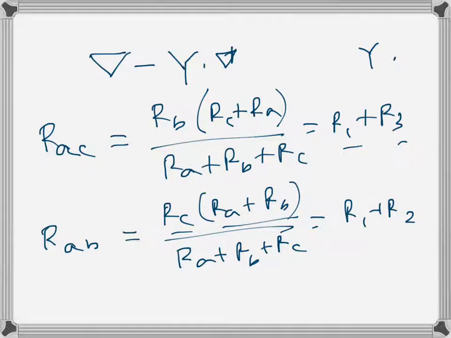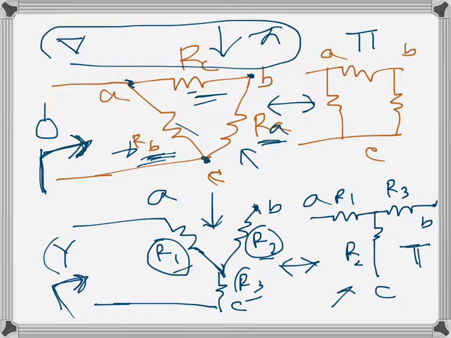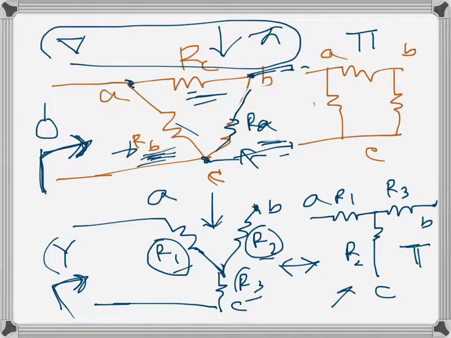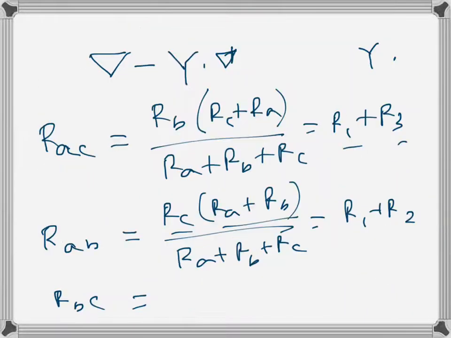Now the thing that's left is RBC. That will be the resistance seen from here. It's becoming clumsy again, so I will probably erase these ones. That's resistance RA here. If it was connected from here, we could say that these two in series are parallel with RA.